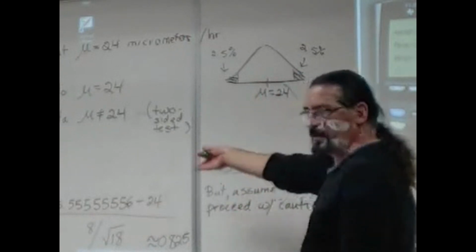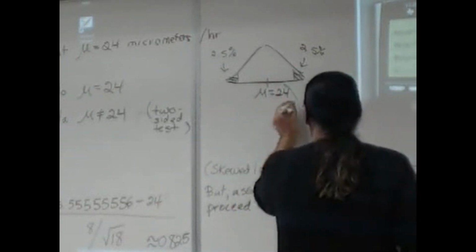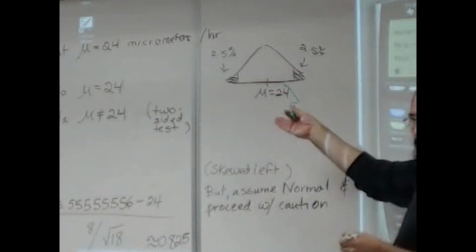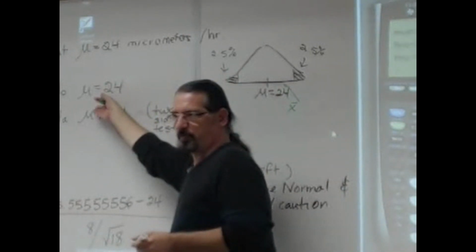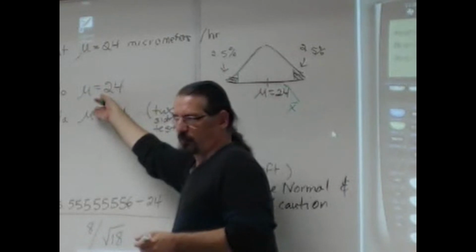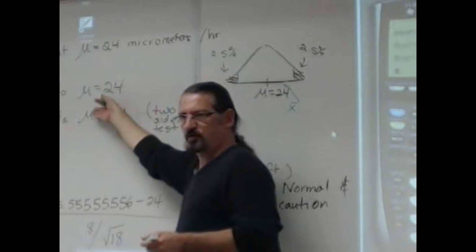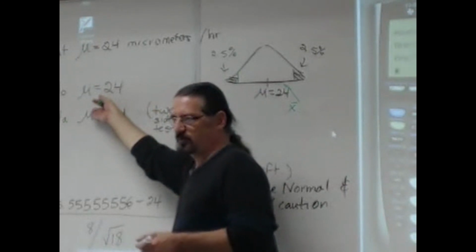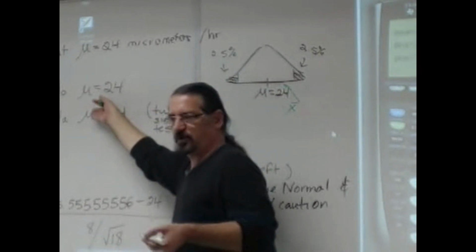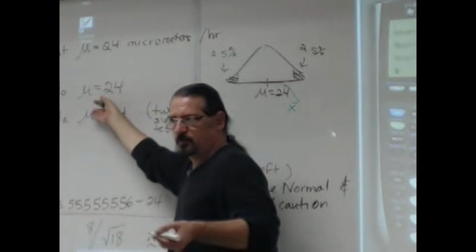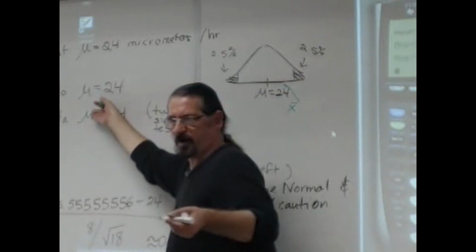Since it's bigger, I'll put it on the right-hand side. Is it in a safe zone? In which case we would say we get a low probability, and so we would not reject the null hypothesis. It's like saying you're innocent. You failed to convict. Failed to reject the null hypothesis.